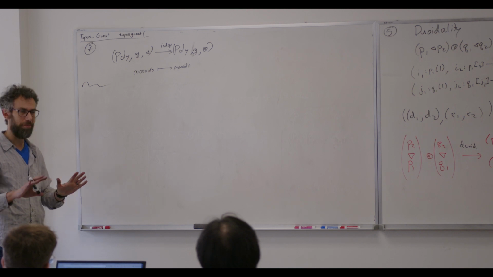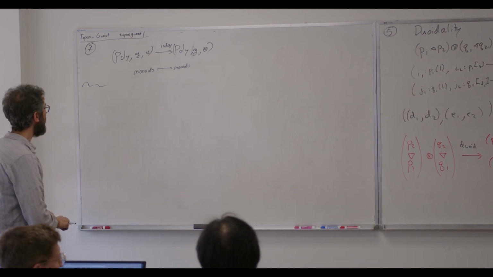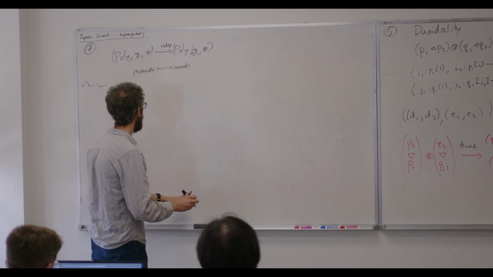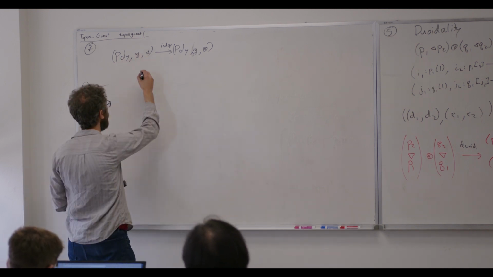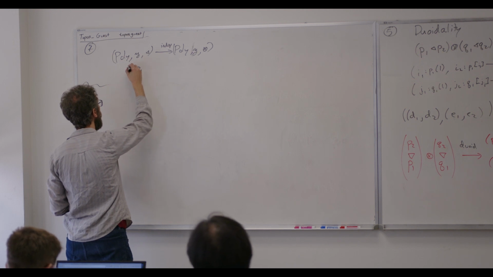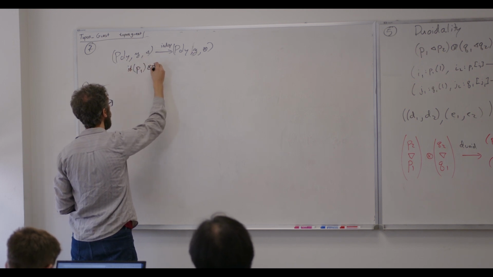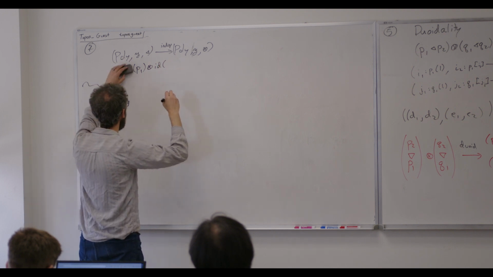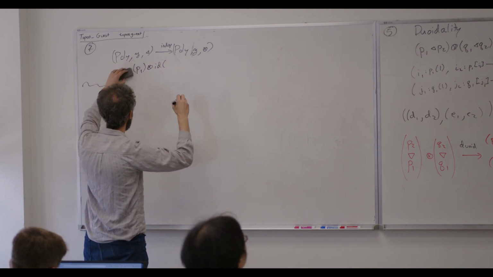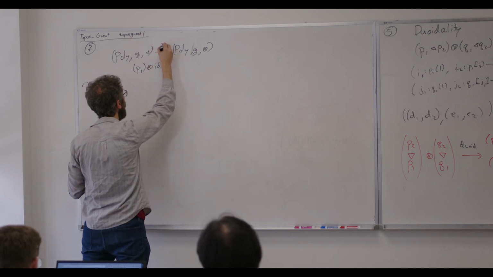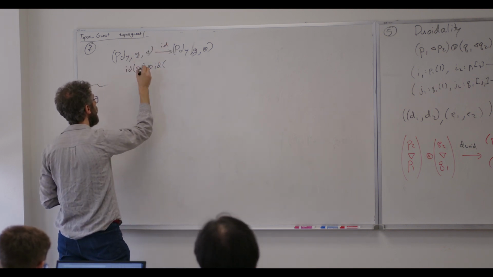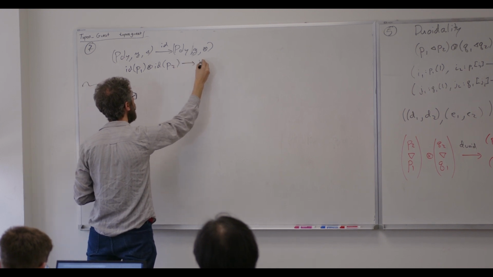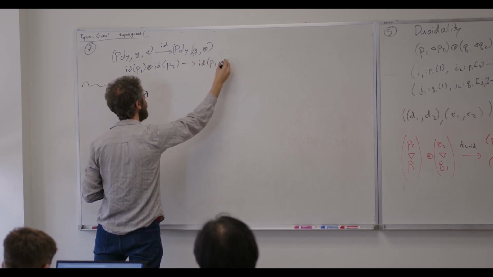So this thing just sends a polynomial to itself, but it has the property that identity on P1, tensor identity on P2, maps to identity on P1 tri P2.